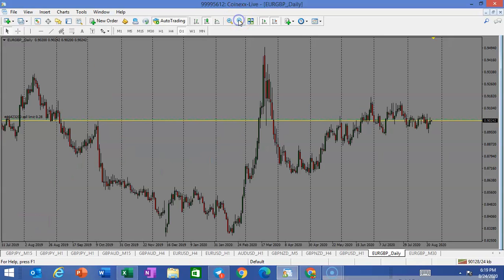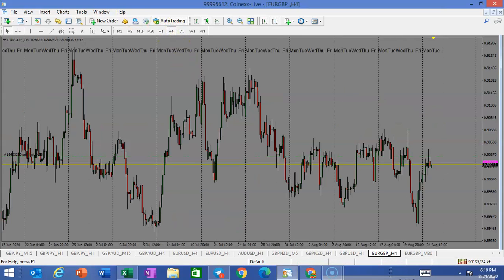We're still consolidating on the daily, but we kind of hit a peak. And it's safe to form a bias of down. It's a little more clear on the 4-hour that we are heading down, right?